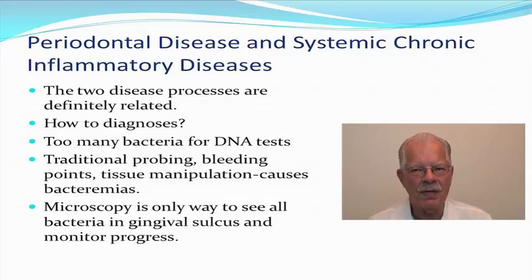Bacteremias actually make the disease process worse and allow these bacteria to get into the body. So this is not a good way to diagnose periodontal disease. Right now, the only really good way to diagnose these, especially spirochetes or periodontal disease, is with a high-powered microscope. With a microscope, you can actually see where the patient is right now, what type of bacteria are more prevalent, and then from that you can devise a treatment plan.